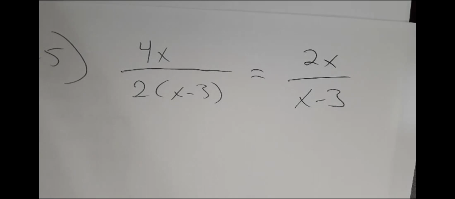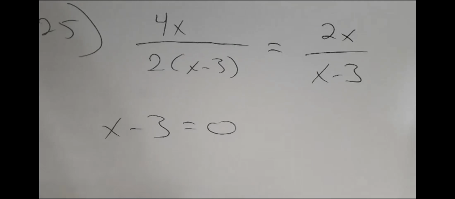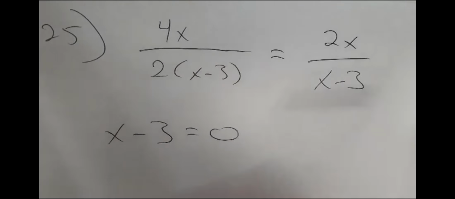Set the denominator equal to 0. This is exactly the same thing, except we simplify first. If we want domain restrictions, we set the denominator equal to 0. If we want asymptotes, we simplify and then set the denominator equal to 0. You do have to simplify first. For this one it probably doesn't matter, but for certain problems it will.